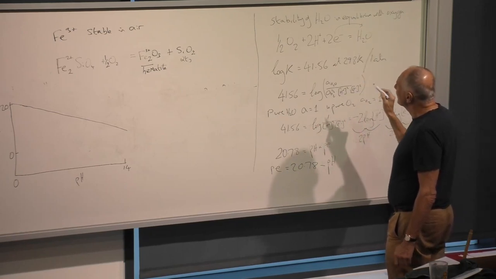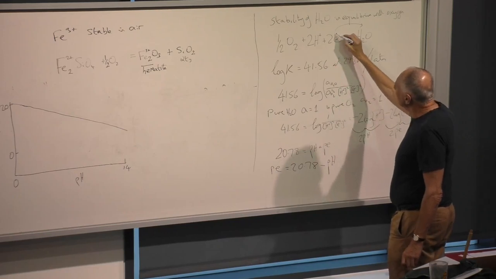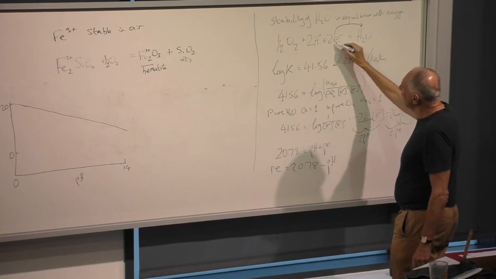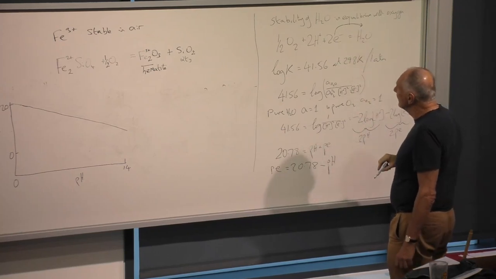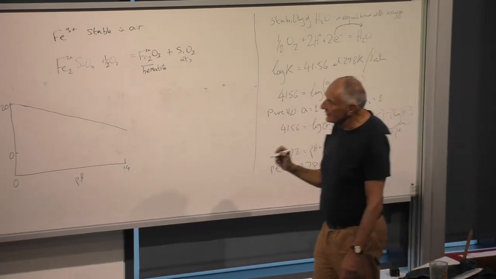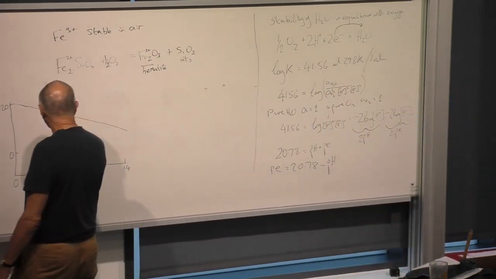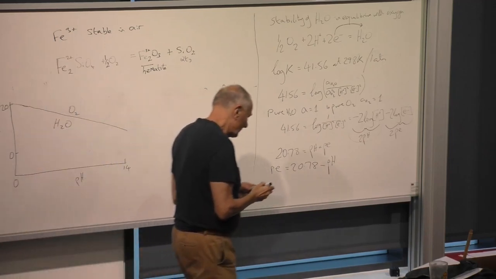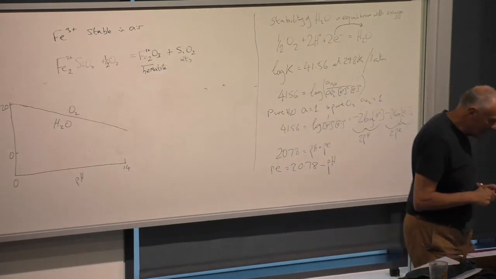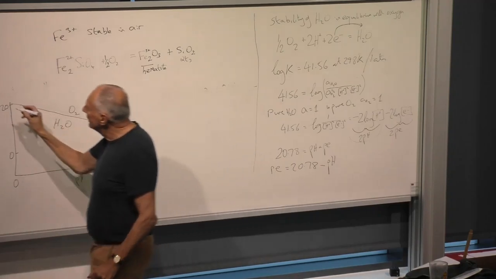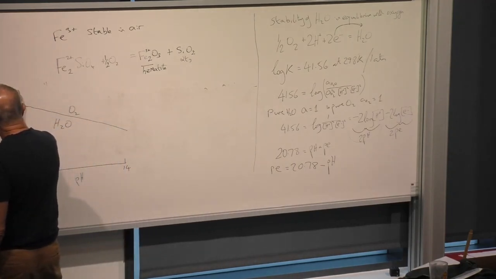So water is going to be stable on the side in which, by Le Chatelier's principle, we drive the reaction to the right by raising the electron concentration, which means lowering pe. So H2O is here at low pe and oxygen is there. And that's the upper stability of water at 298 and 1 atmosphere.